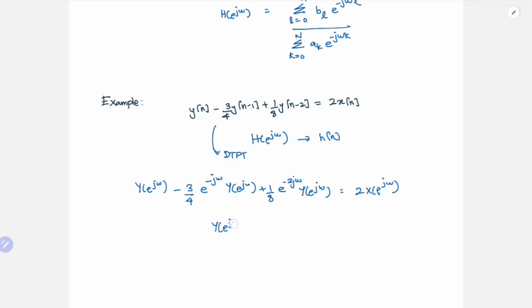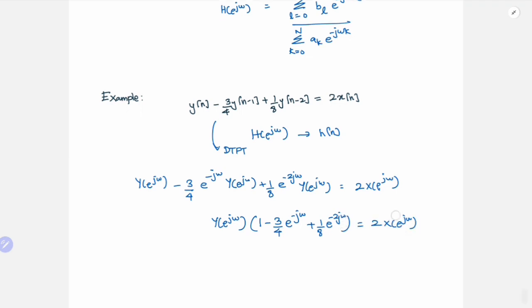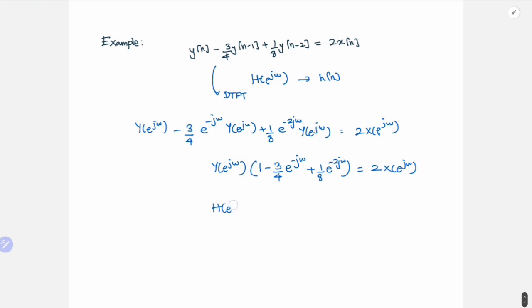So Y of e power j omega I can take common. I'll get 1 minus 3 by 4 e power minus j omega plus 1 by 8 e power minus 2 j omega, equal to 2 X of e power j omega. And my H of e power j omega is nothing but Y of e power j omega by X of e power j omega, which is 2 divided by 1 minus 3 by 4 e power minus j omega plus 1 by 8 e power minus 2 j omega.